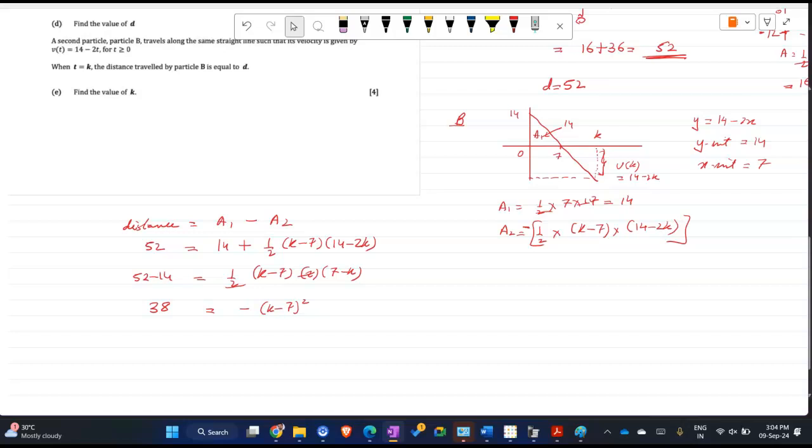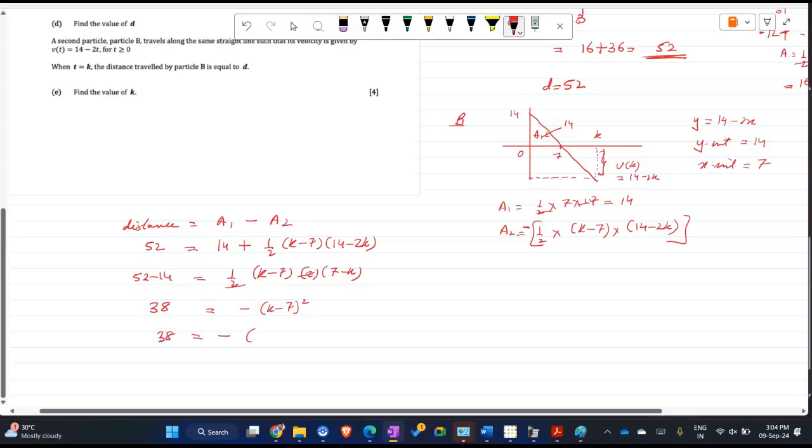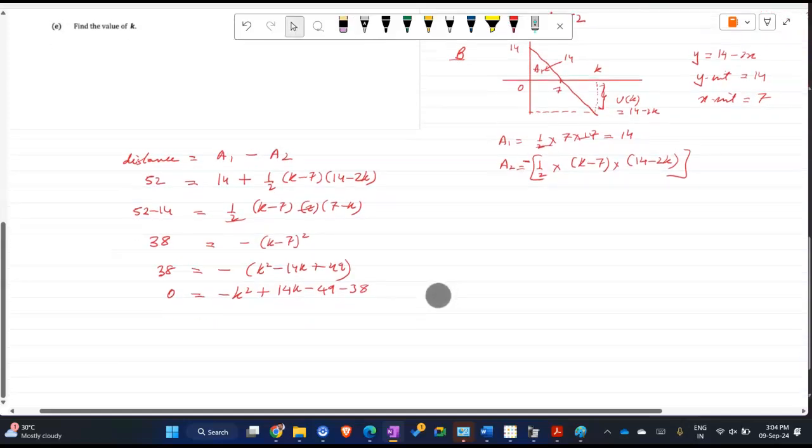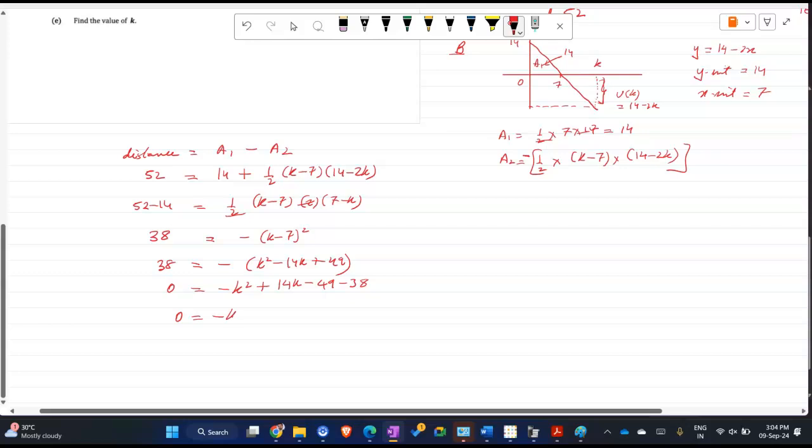You have to solve it, with a calculator. If you expand it, k squared minus 14k plus 49. So 0 is equal to minus k squared plus 14k minus 49 minus 3. So 0 is equal to minus k squared plus 14k minus 52. And then you solve this. You can use the quadratic formula.